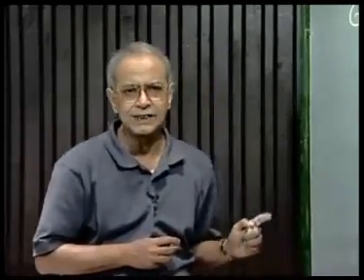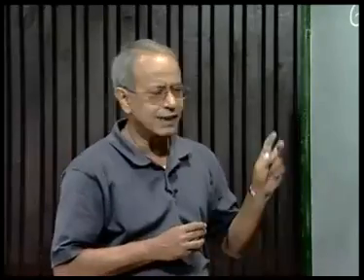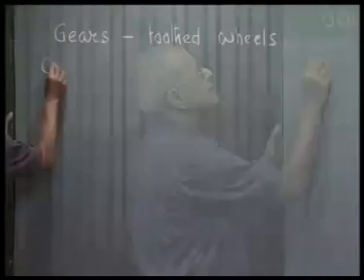As I said just now, the gear tooth profile should be such that it satisfies this fundamental law of gearing. Actually, these profiles which satisfy the fundamental law of gearing are called conjugate profiles.